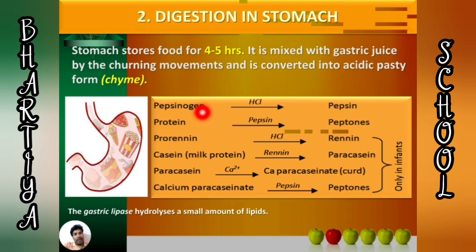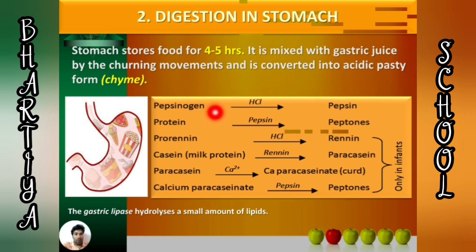All the protein digestive enzymes are secreted into the lumen of the stomach in inactive form, because if they were released in active form, they could digest the inner lining of the stomach and carry out autodigestion. To prevent autodigestion, the protein enzymes are secreted in inactive forms.